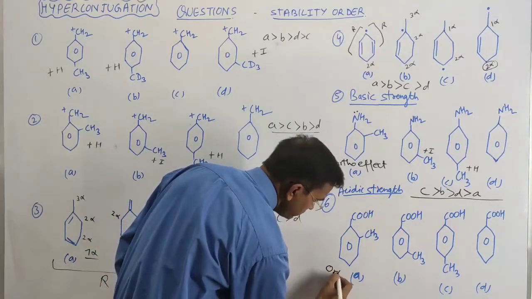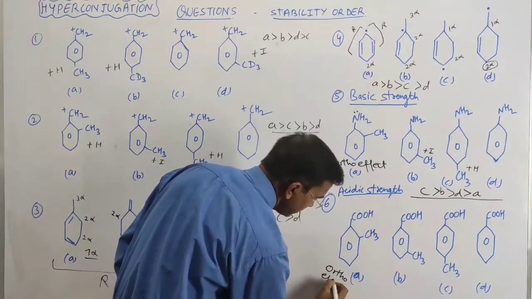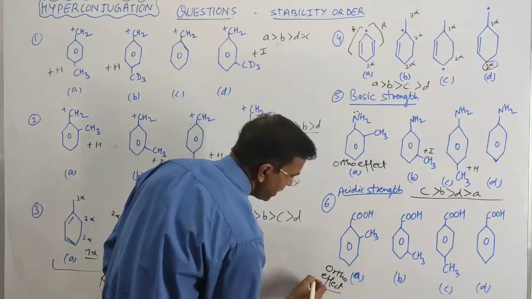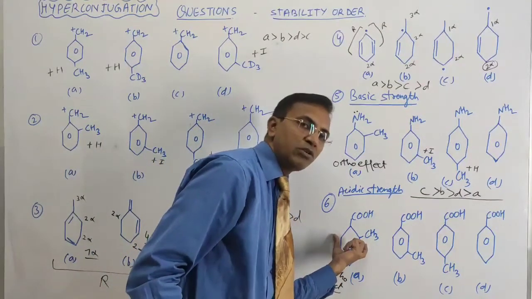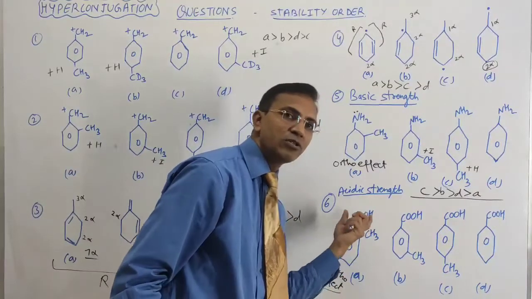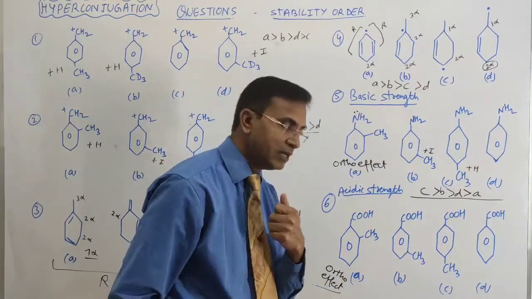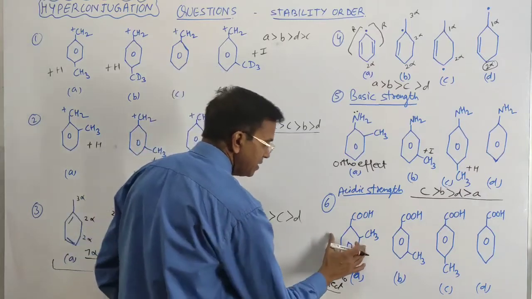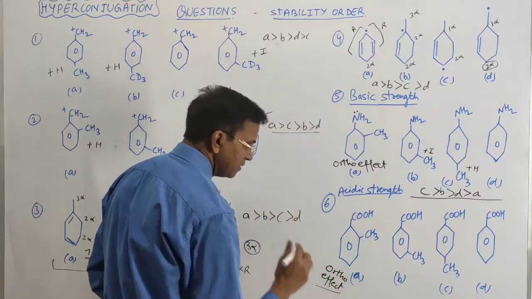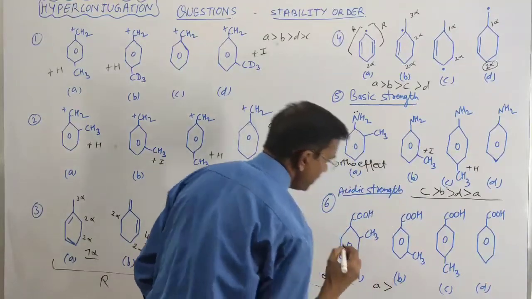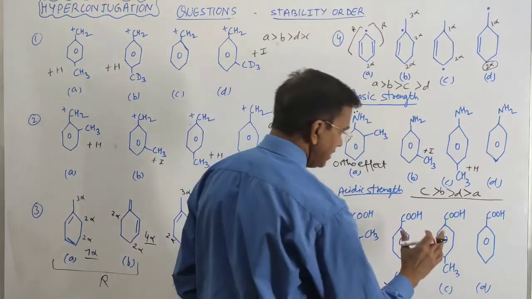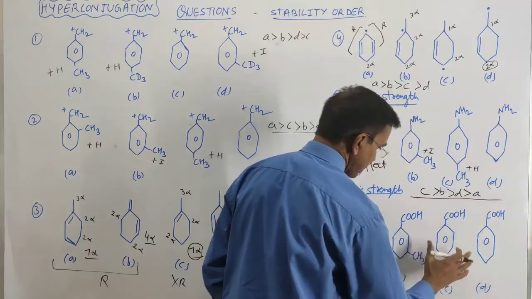So ortho effect, and ortho effect make the carboxylate ion more stable because of the hydrogen bonding, by making the hydrogen bonding with the ortho substituent. So that means this will be the more acidic. So A will be the more acidic. Here A is more acidic than in these three.